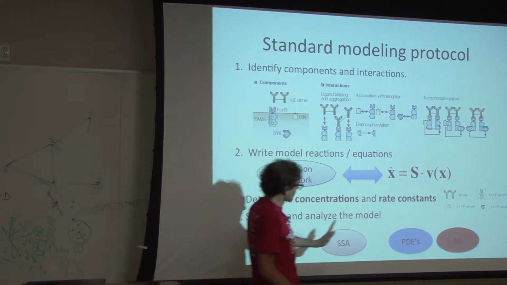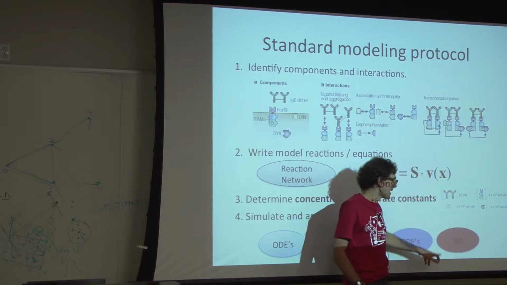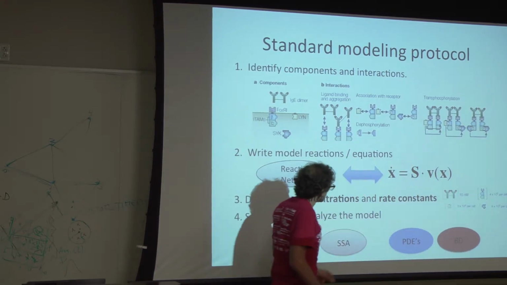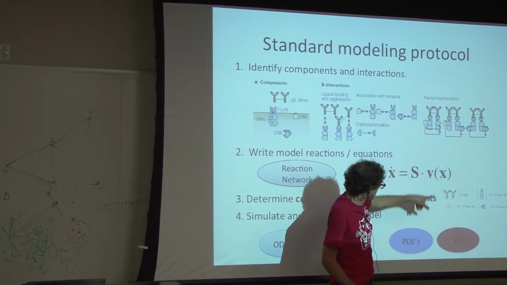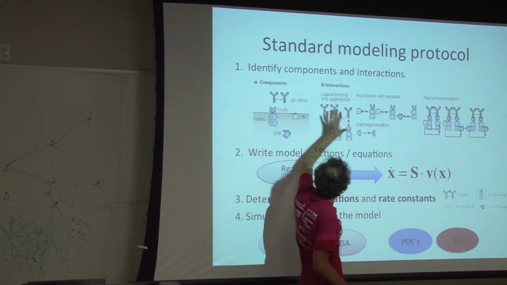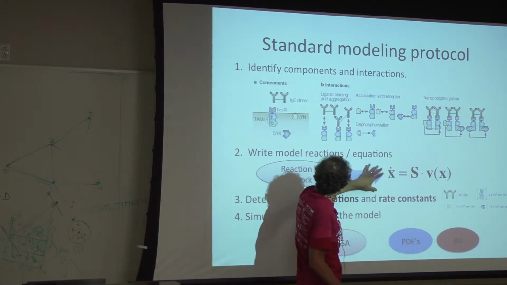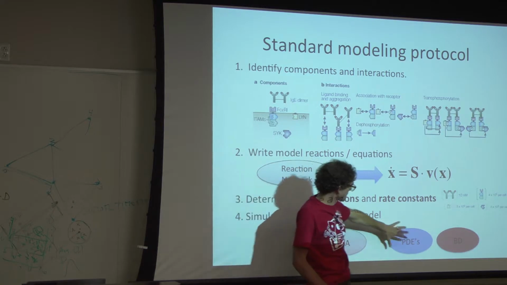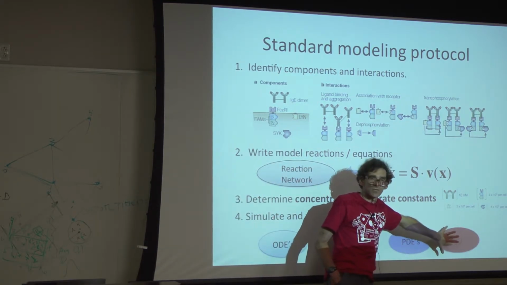And then these are spatial modeling methods: partial differential equations, Brownian dynamics, and M-cell is, of course, down here. But the reaction network, the fundamental equations that we need to describe this biochemistry, is all the same. The language of this can get fed to differential equations, stochastic simulations, or spatial simulations, spatial differential equations or spatial stochastic.